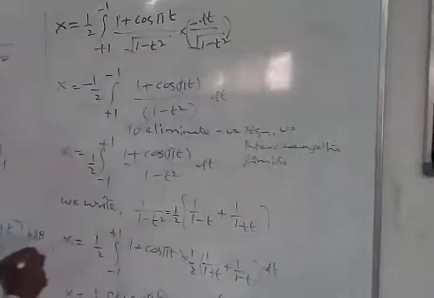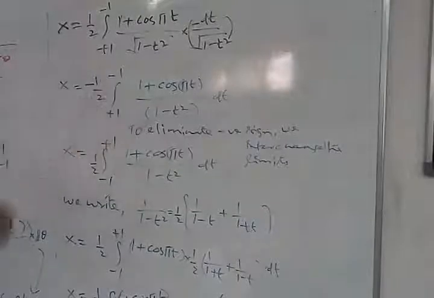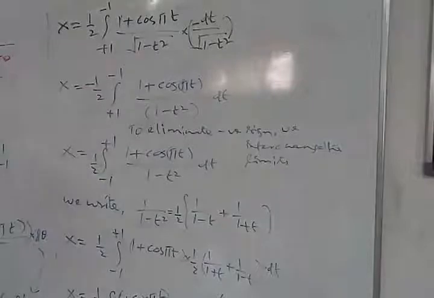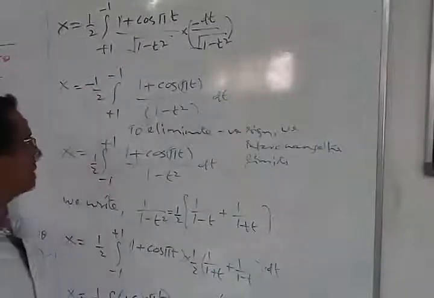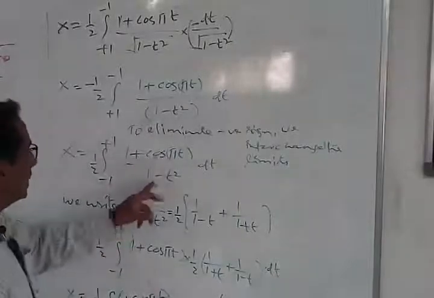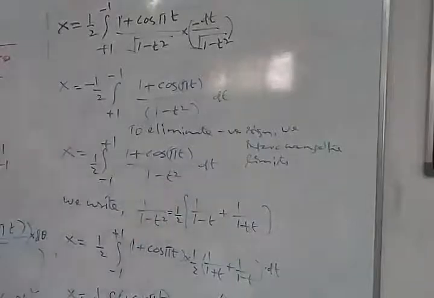Once you interchange the limits, this plus 1 becomes minus 1, and this minus 1 becomes plus 1. So the minus sign is simply neglected because we are interchanging the limits. The same equation remains, 1 plus cos pi t by 1 minus t square into dt. So that is the equation that we can have.